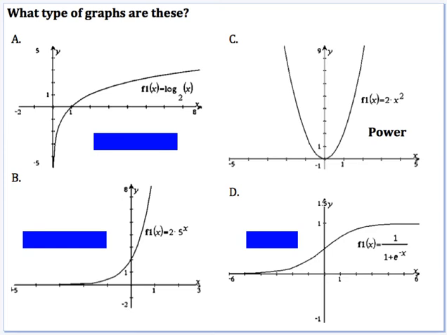If we have the graph of x to the 3rd power, your graph is going to look something like that, and it's still a power function because your base number is x and it's raised to some power. Power functions just mean your x is the base number and you have some exponent.